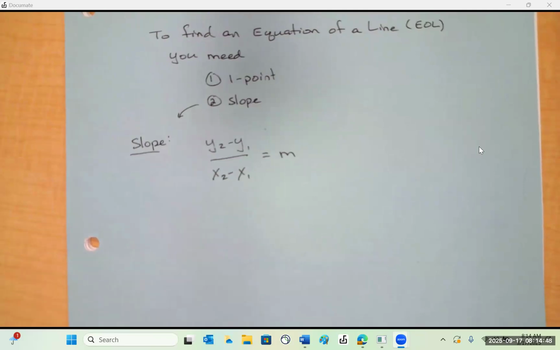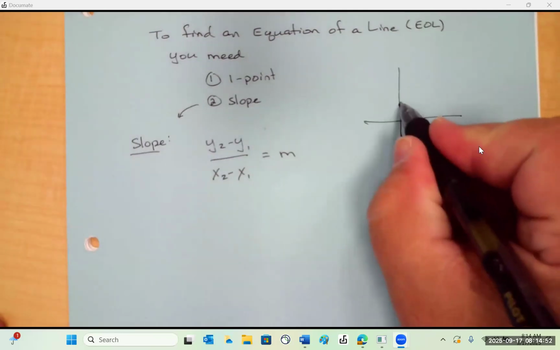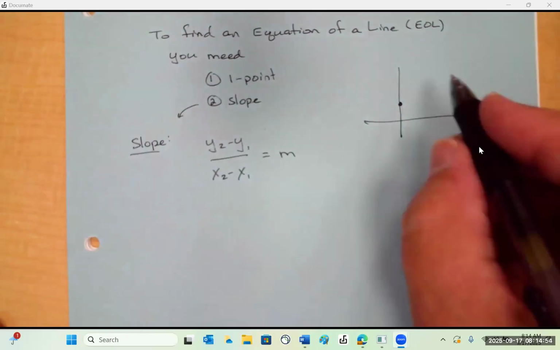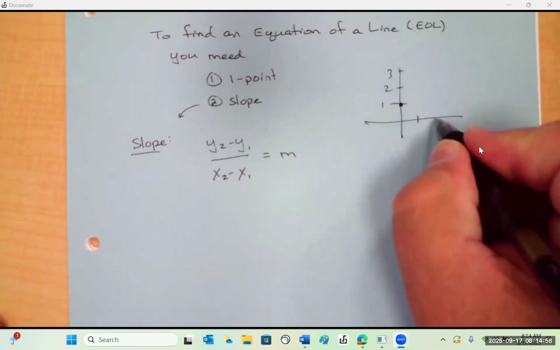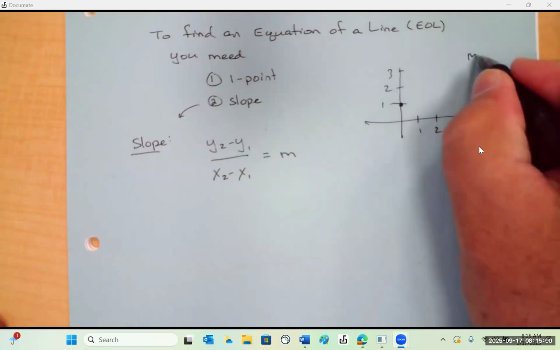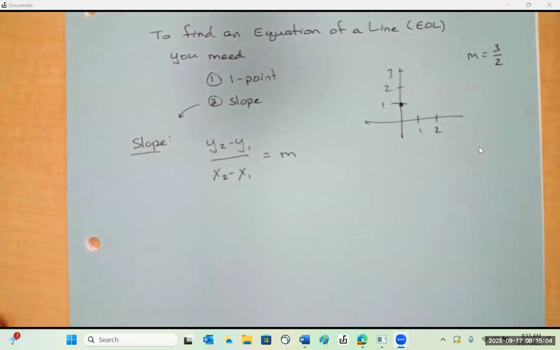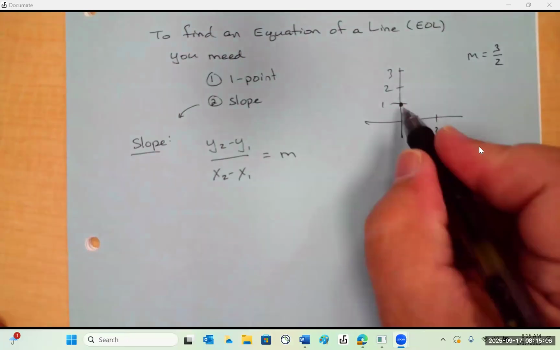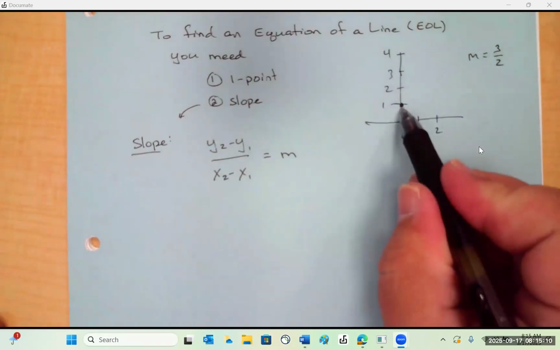Remember, if I have 1 point, this is 1, that's 2. What if my slope is 3/2? And I have a point. How do I find the next point from there?